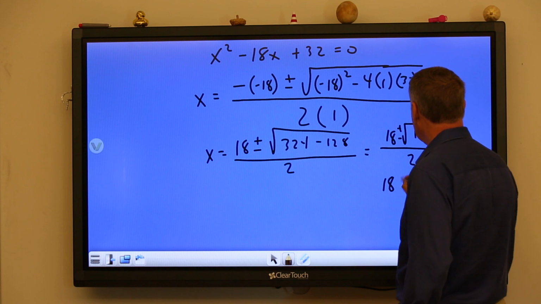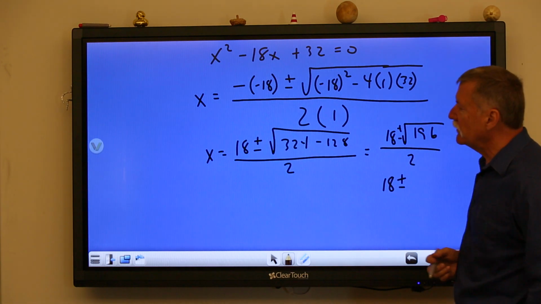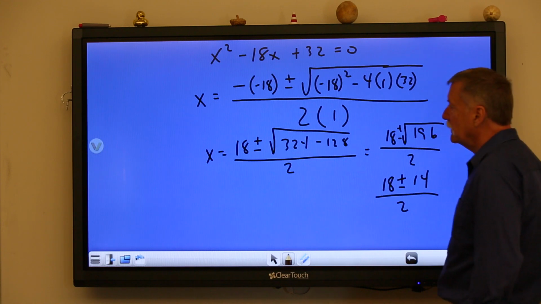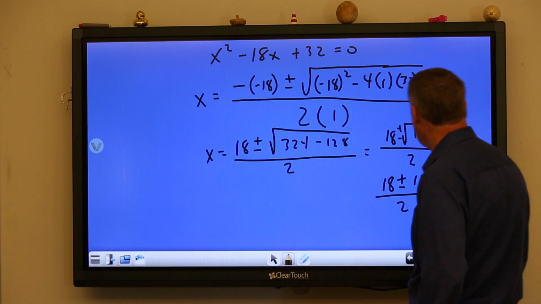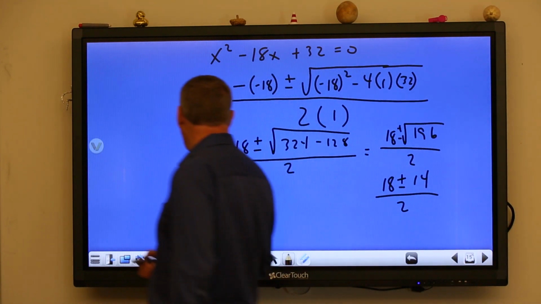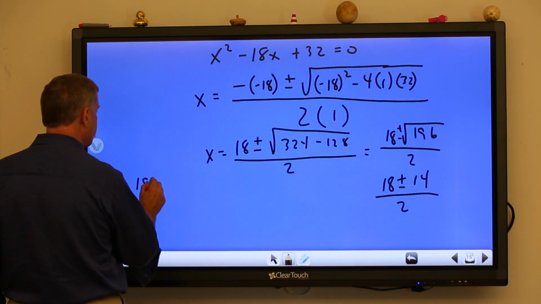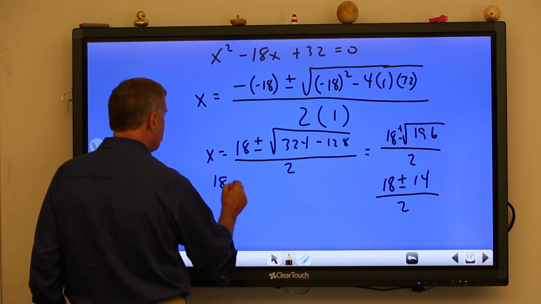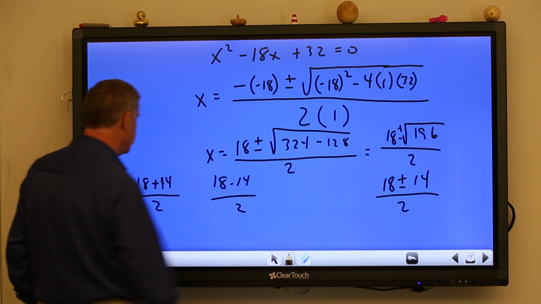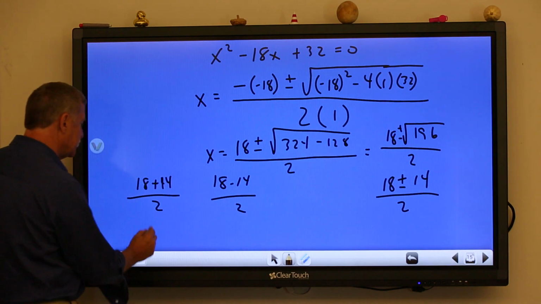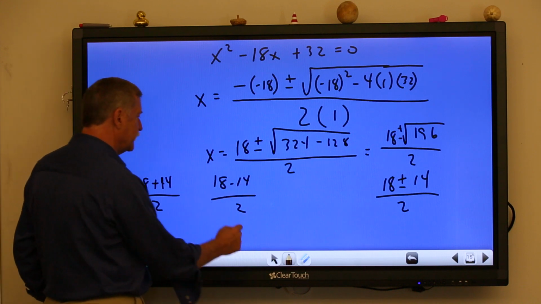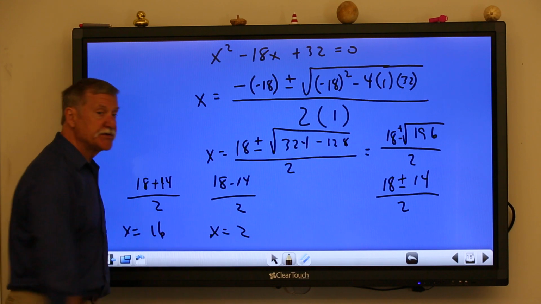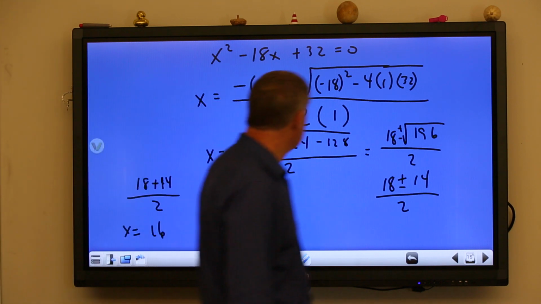And the square root of 196 just happens to be 14, over 2. And so now we have two equations: 18 plus 14 over 2 and 18 minus 14 over 2. 32 over 2 is 16, and here 4 over 2 is 2. So we could say x equals 16, x equals 2 for our solutions.